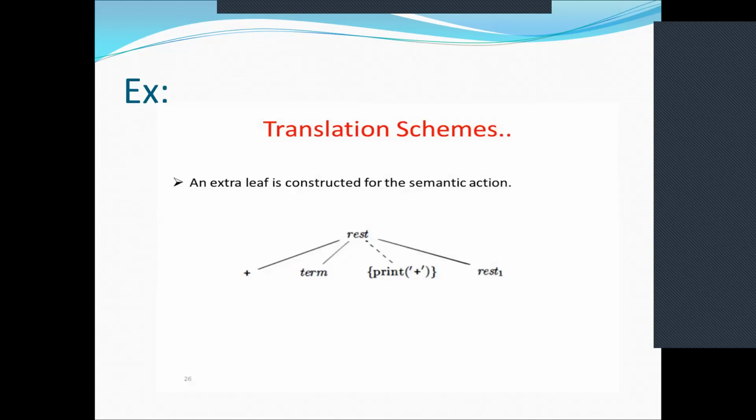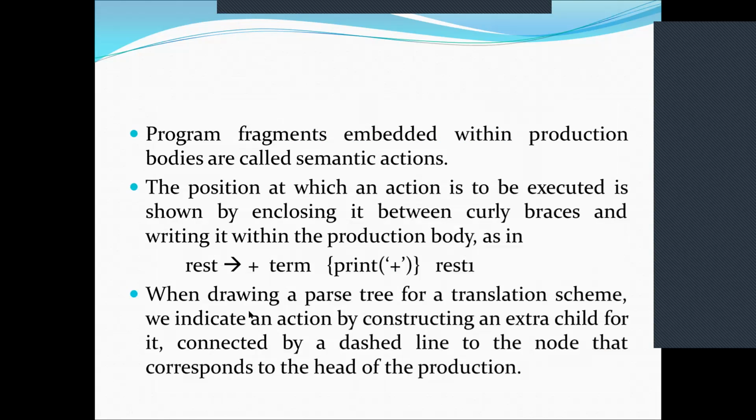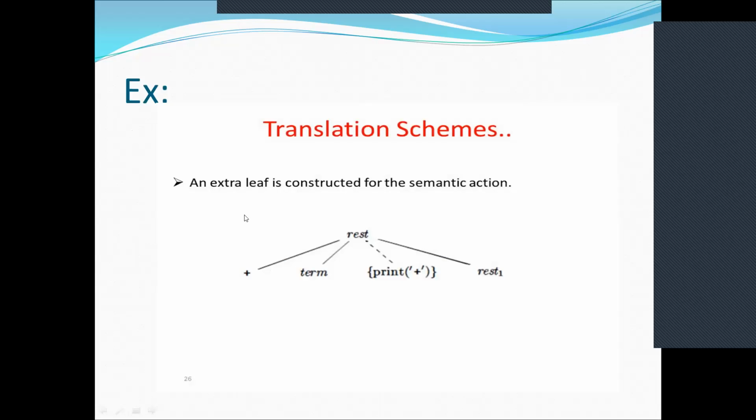Here you see the node that corresponds to the head of the production. The head of the production is rest, right? So the extra child is now added as print plus. This is added with a dotted line to this production, or you can say to the head of the production.